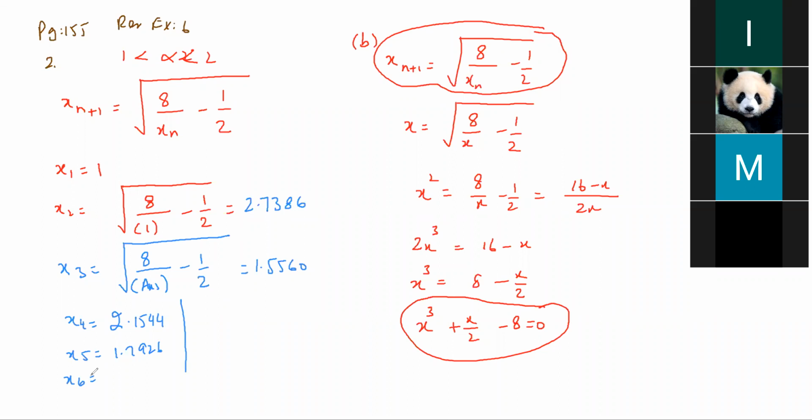Now you see that the values are going to be between this interval. 1.9907.